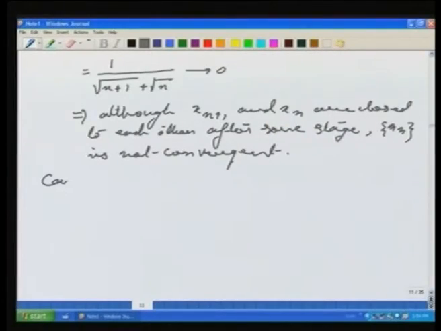proceed in that direction. So, first I define something called a Cauchy sequence. We will see that the definition actually contrasts with the previous example in a certain way.